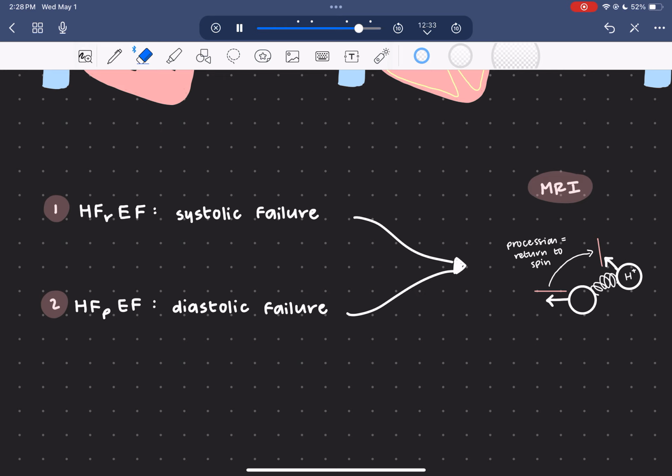Then we have HFpEF. This is heart failure with preserved ejection fraction, also known as diastolic failure. So this is when the heart pumps normally, but it's kind of too stiff to fill properly. So there's not a lot of relaxation between the heartbeats, and this stiffness is due to a decrease in lusitropy. And lusitropy just means relaxation.